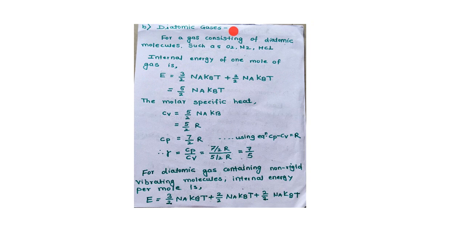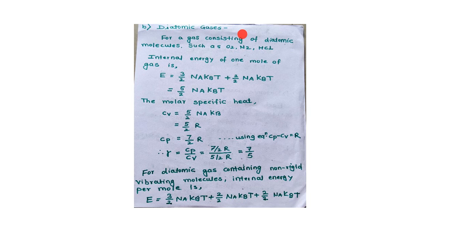For a gas consisting of diatomic molecules such as O2, N2, HCl enclosed in a container held at a constant temperature T, if treated as a rigid rotator, each molecule will have 3 translational and 2 rotational degrees of freedom.